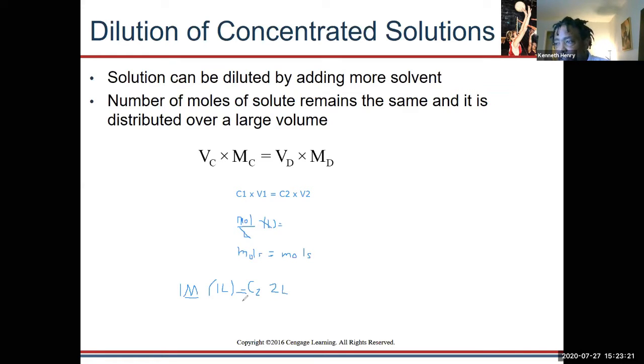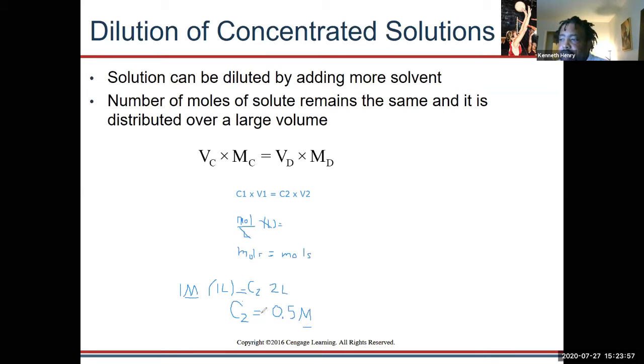So in this case, our C2 is going to be what? Is it going to be 1 mole? It's going to be 1 mole, yeah, that's correct. But what is going to be the concentration? Because C2 is concentration. Half? Half, that's right. So it's going to be half molar, because that's what's going to give us 1 mole.